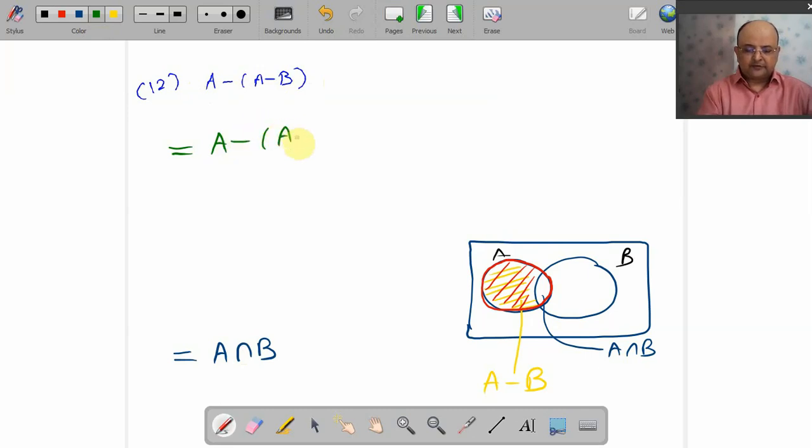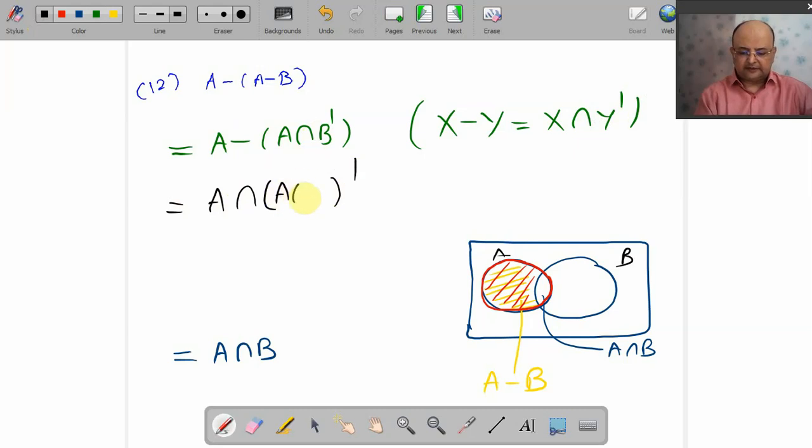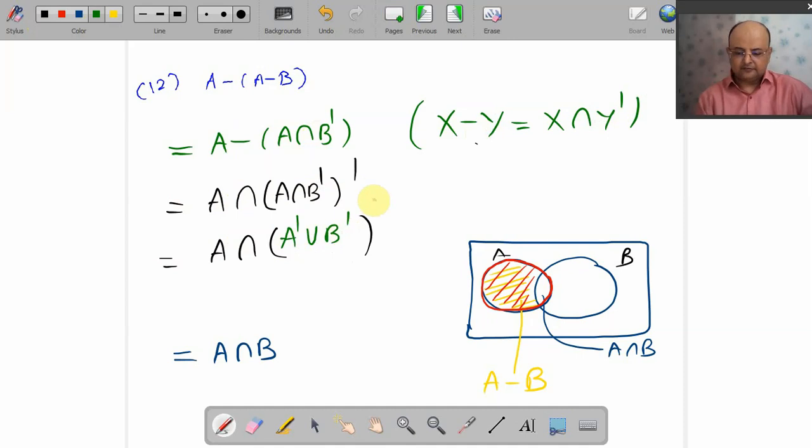A minus, this is A intersection B dash. Say yes, because same result. I have written this result frequently. X minus y is X intersection y dash. Remember, dears? Okay. Again, A minus B, that is A intersection B dash, that is this. Same result. By De Morgan's law, it will be A dash union B dash dash. What is B dash dash?